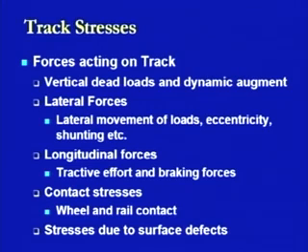The longitudinal forces come from actions like tractive effort or braking forces. There are contact stresses induced due to the contact of the wheel with the rail section, and stresses caused due to surface defects or irregularities in the surfaces. We will be looking at all these track stresses one by one.